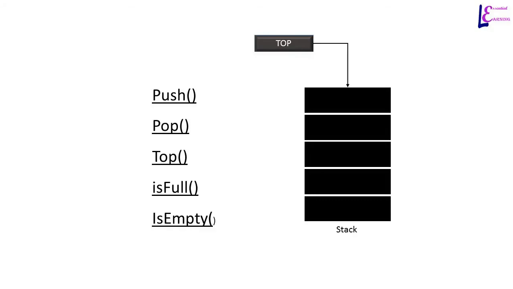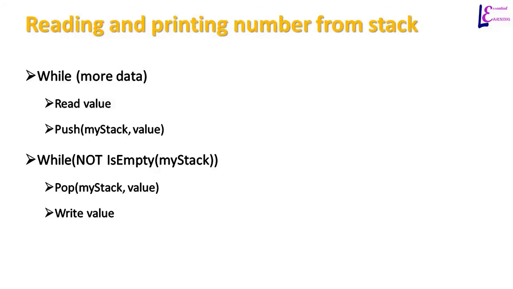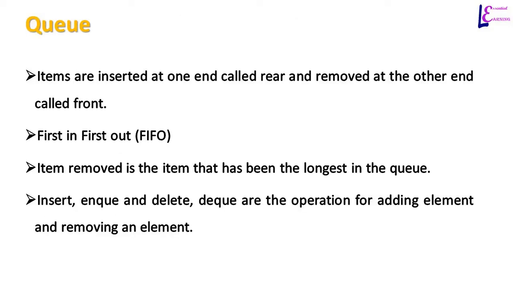To get topmost element, operation is top or peek, and we can use methods like is full and is empty to learn whether a stack is full or empty. This is a simple algorithm to read a value from given data and push it on the stack, and if a stack is not empty, remove the topmost or the top element from the stack.